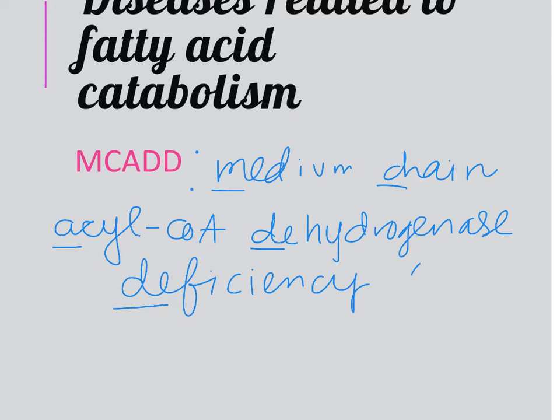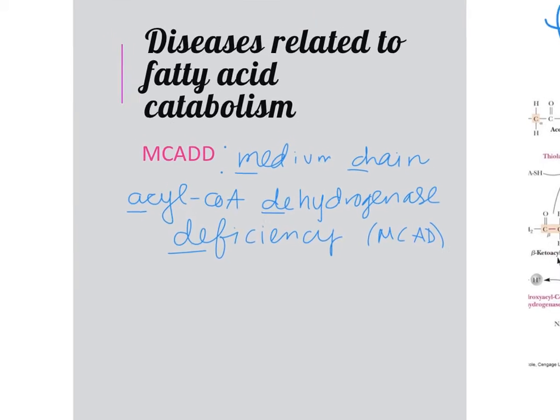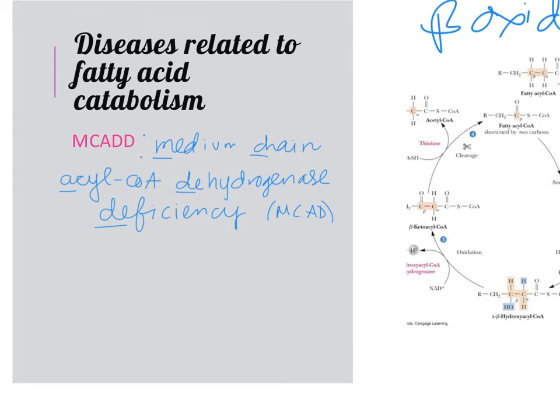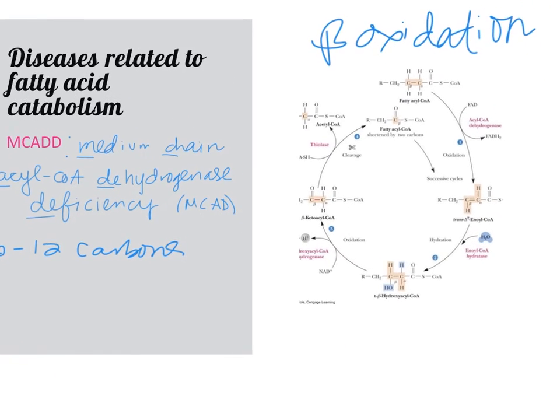Sometimes you might see this just as MCAD, leaving out the last D, just food for thought. Medium chain means that the acetyl-CoA that's going in is somewhere between 6 to 12 carbons. That's what medium chain is.